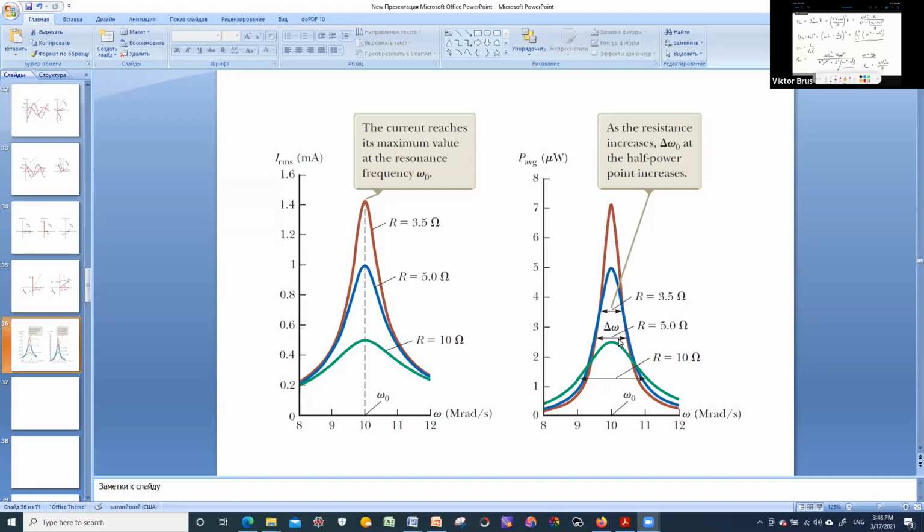That is an important parameter because AC electric circuits are operated under resonance conditions when we need to tune the circuit to some external signal. For instance, the most common example is a radio receiver.